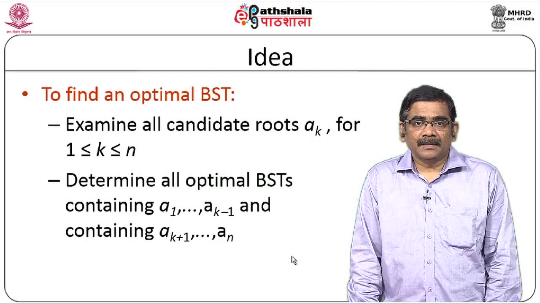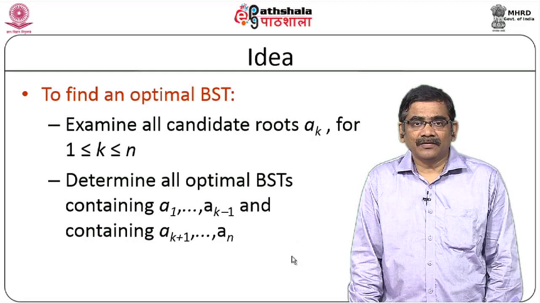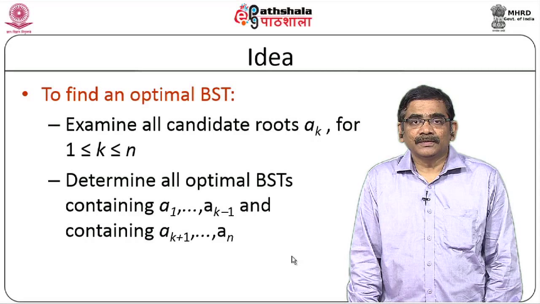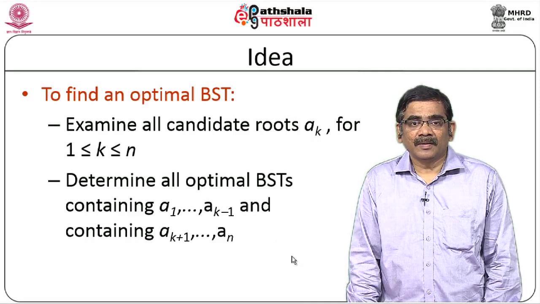As I said earlier, the problem is divided into two subproblems. We are going to examine a candidate for a k, and accordingly divide the problem into constructing a BST for keys from 1 to k minus 1 and k plus 1 to a n.